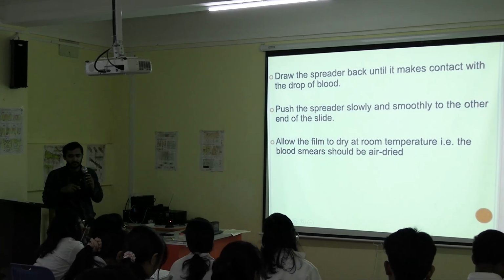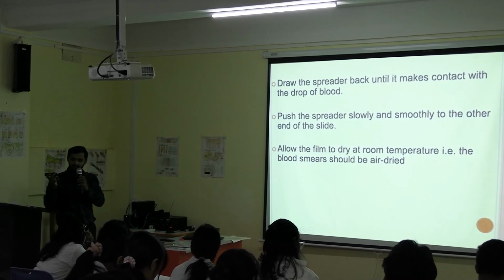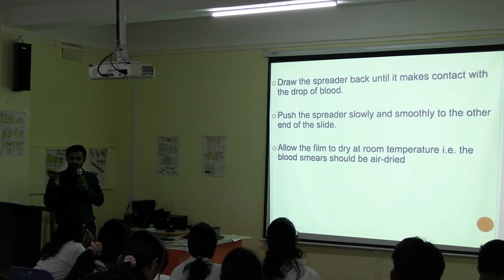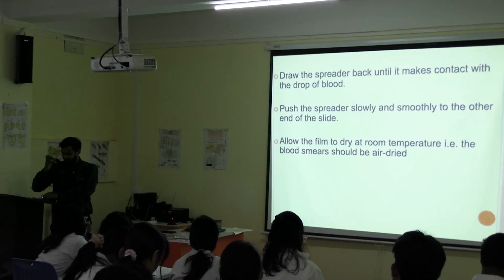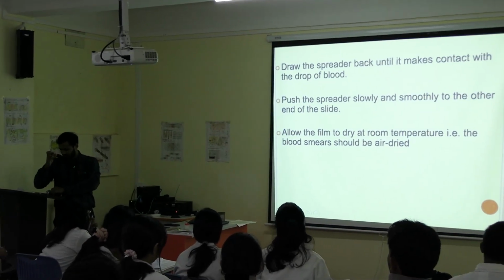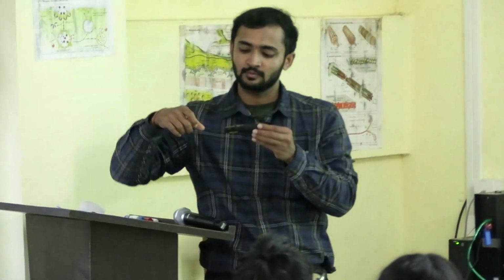What I told previously: suppose this is the slide, and this is the head of the smear and this is the tail of the smear, so how will you draw it? Suppose you have put the drop here, maintaining the 1 centimeter distance. You'll be coming from the lower portion, the opposite part of the drop, towards the drop.